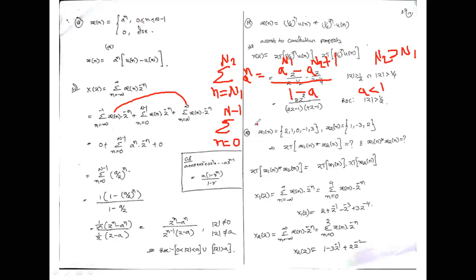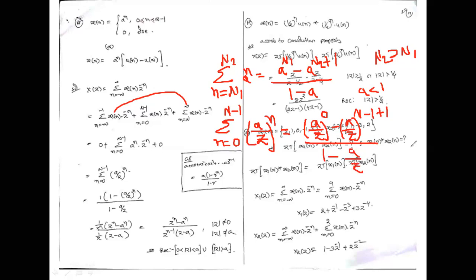What is the a here? (a by z) whole power n is equal to... Now I am taking the a as (a by z) whole power 0 because n1 is 0, minus (a by z) whole power n2, that is n minus 1 plus 1, because n2 is n minus 1, plus 1, whole divided by 1 minus a, where a is a by z.